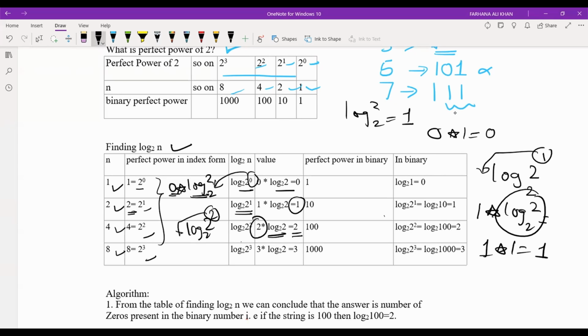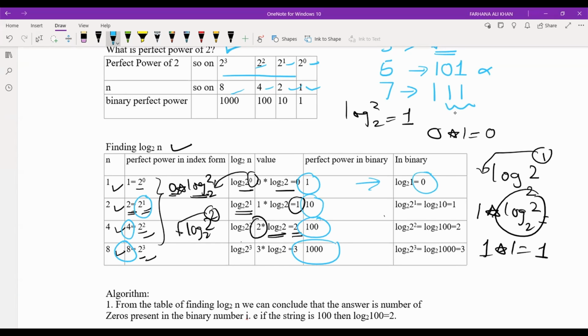Now this number we will write in binary notation, because we have to consider n in a binary format. So 2 raised to 0 is 1, so in binary it will be 1. 2 raised to 1 is 2, so in binary the number 2 is 10. 4 in binary notation is 100. 8 in binary notation is 1000. Now the answer for log 1 we already got, this is 0.